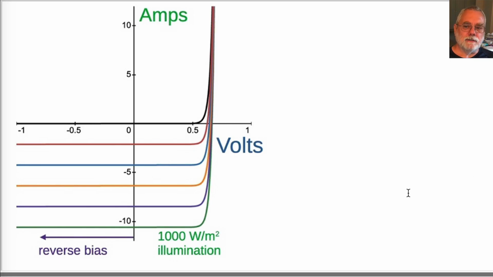In this video, I only want to add a few points that I think other videos don't cover. Now with illumination, there are currents and voltages in the lower right quadrant, which were not there with an ordinary diode. Power is current times voltage with attention to signs. In this lower right quadrant, the solar cell is generating power, sourcing it to a connected load. This is the desired quadrant for solar cell operation.